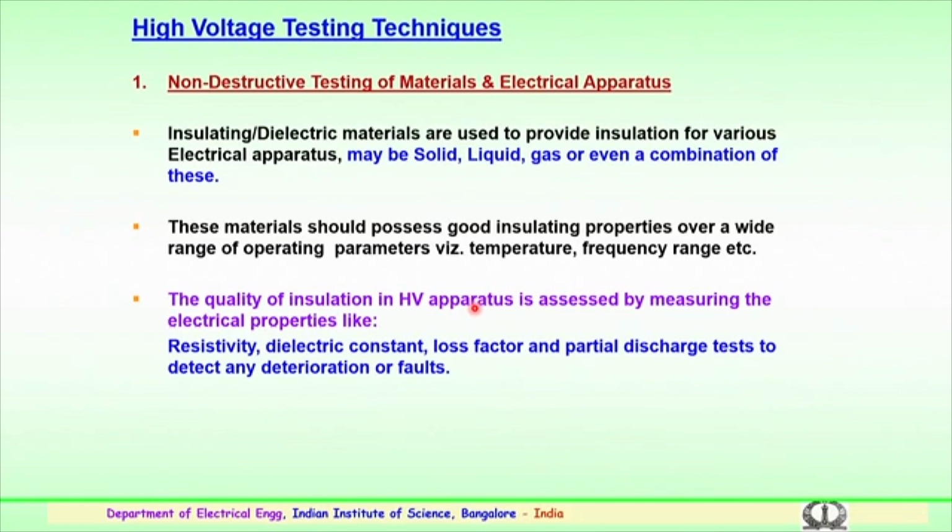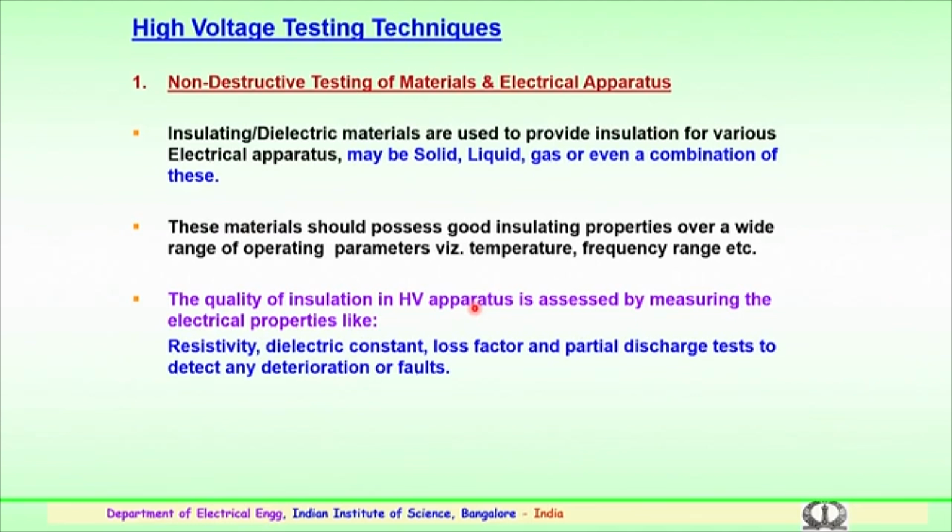So, the quality of the insulation used in high voltage apparatus is generally assessed by measuring the properties of these materials, solid, liquid or gases, or a combination of them, by measuring the resistivity of the material, the dielectric constant, loss factor, what we know as tan delta, capacitance and tan delta measurements, the partial discharge testing, and internal discharges which could happen in the materials, and also to find out any defect or deterioration.